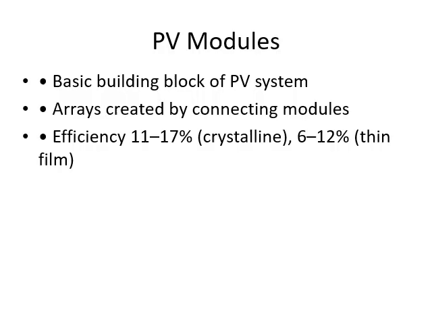Now it is time to look in greater detail into the photovoltaic process. We will see how this process takes place. So these arrays are created by connecting modules, because we understand that a photovoltaic cell itself is very small. So there will be multiple photovoltaic cells in arrays connected to produce a higher amount of power.